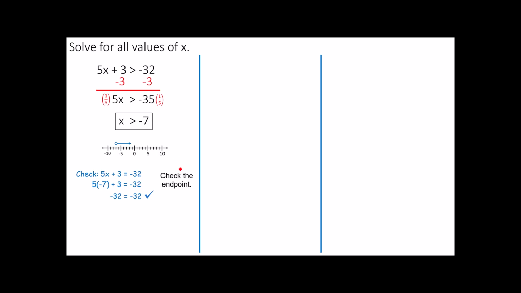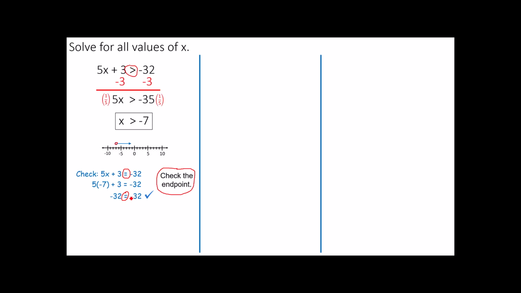For us, when we do inequalities, we're still going to do that, and we're going to refer to that as checking the endpoint. Notice this is greater than, but we're not checking greater than, we're checking equal to. And if we can prove that negative 7 is equal to, that's going to verify for us that this open circle is in the right spot.